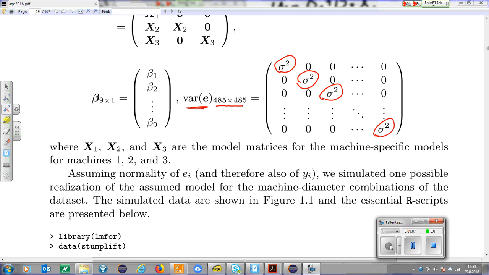So this says that all observations have the same variance, so therefore we are assuming a constant variance for all observations. And then there are a lot of zeros outside here, and each of those zeros specifies that the covariance between those particular two observations is 0, and because they are all zeros, it says that all covariances are 0, so Y and E both are uncorrelated.